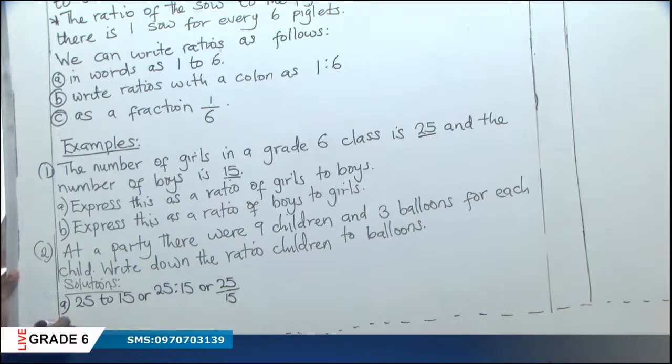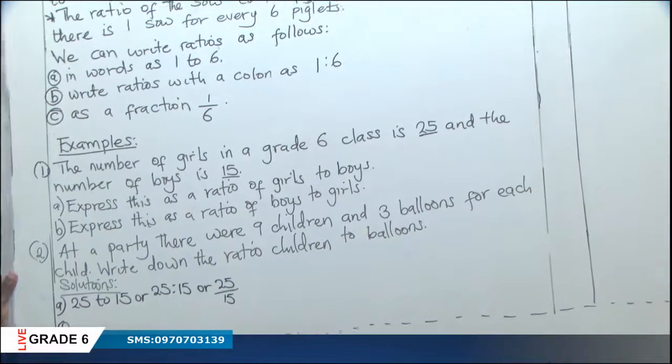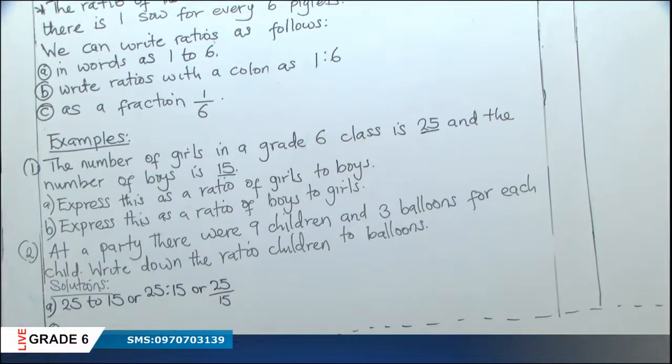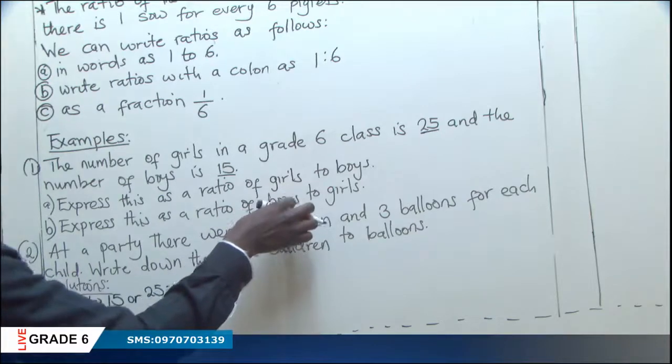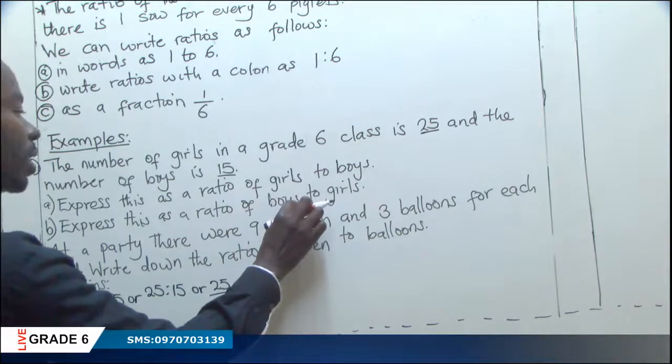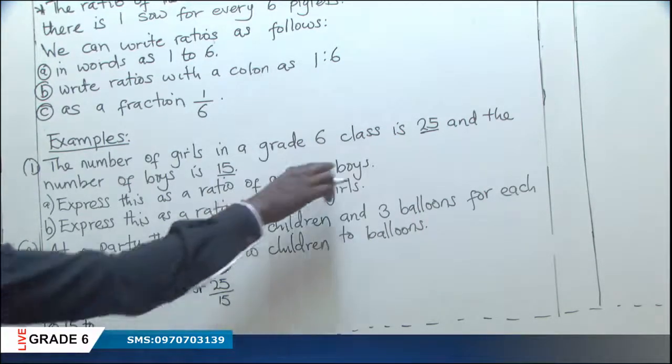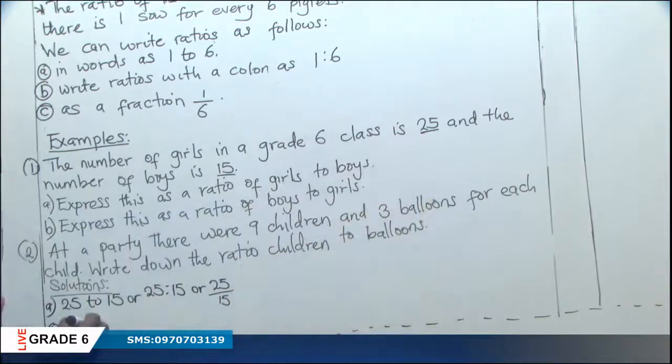All right, let's go to number 1B. Express this as a ratio of boys to girls. So for boys and girls, the ratio for boys is 15, so it will be 15 to, and the ratio for girls is 25.